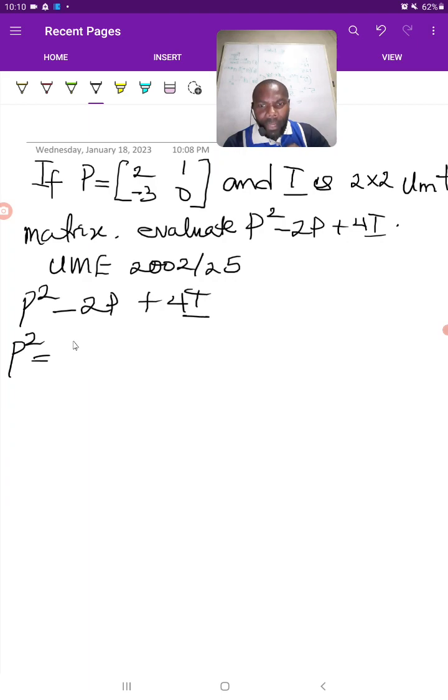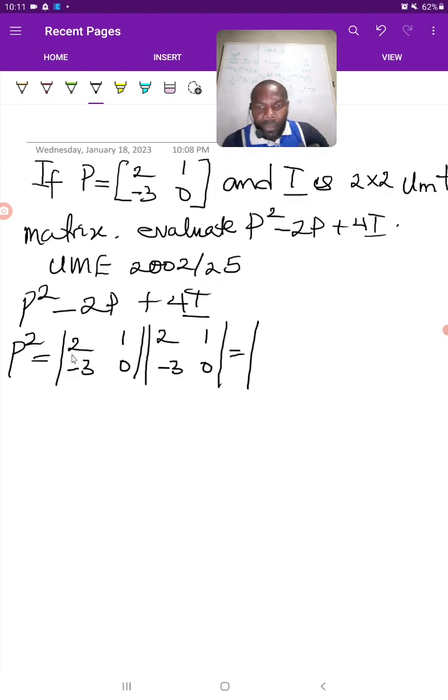You firstly find the P squared. P squared will be P times P: [2, 1; -3, 0] times [2, 1; -3, 0]. We apply the rows and columns. If you were able to study the last class, we explained more about how to multiply a matrix.